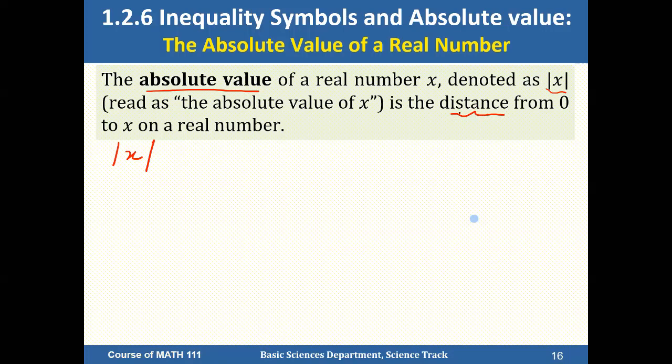There is no negative distance. For example, Khobar to Dammam is 20 kilometers and Dammam to Khobar is also 20. Dammam to Riyadh is 400, Riyadh to Dammam is 400. So distance is always positive. The direction is not important in distance. So the absolute value is a positive quantity. The result is always positive.